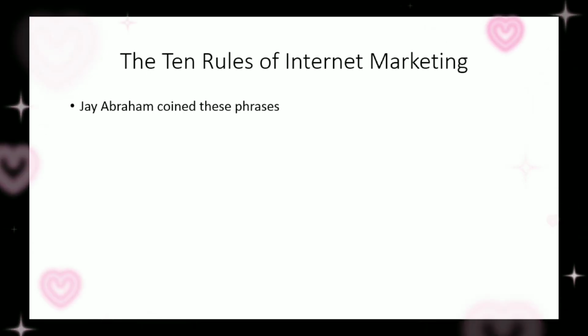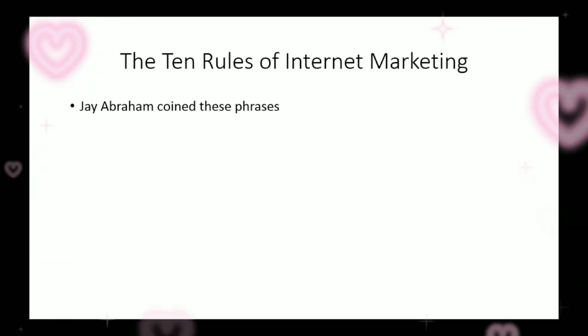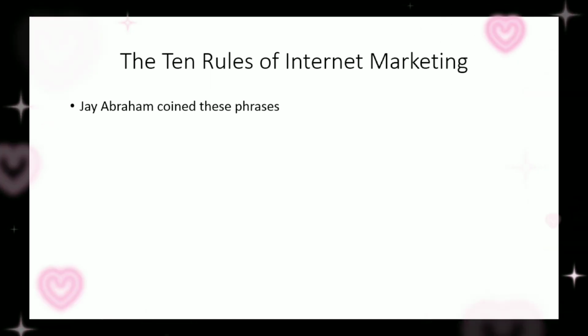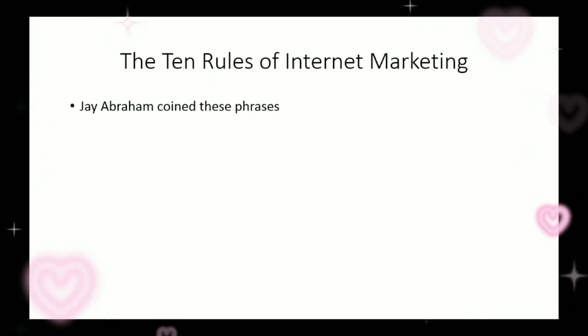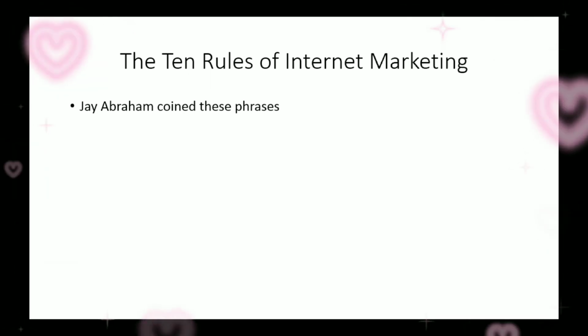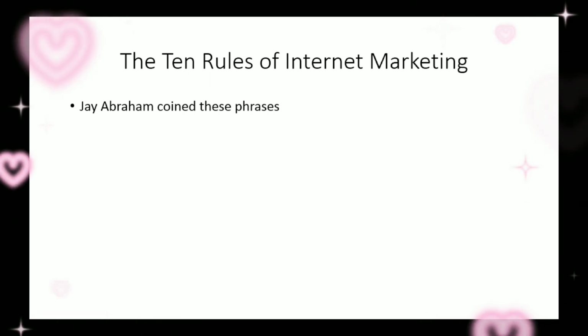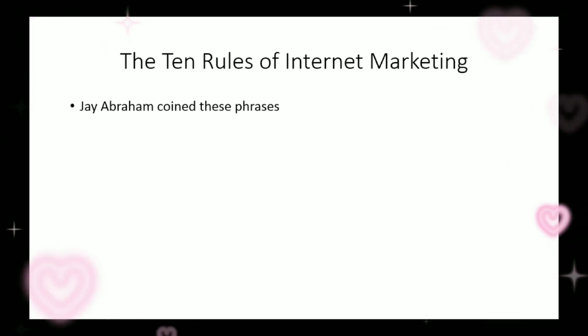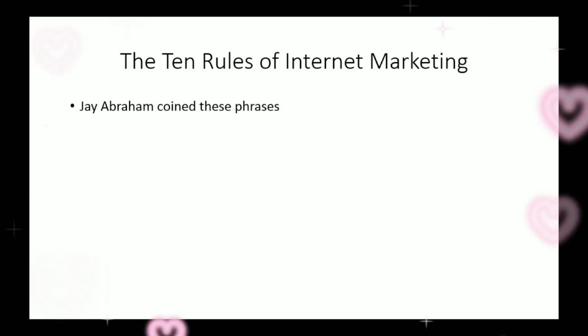So they apply to your information product, they apply to any software you're going to have created, they apply to, let's say you're doing things on Amazon, they apply to anything that you're looking to sell. If you are a multi-level marketer, they apply to what you're marketing in terms of what your company is offering. Whatever it is that you're doing, these 10 rules are going to apply to internet marketing and marketing in general.